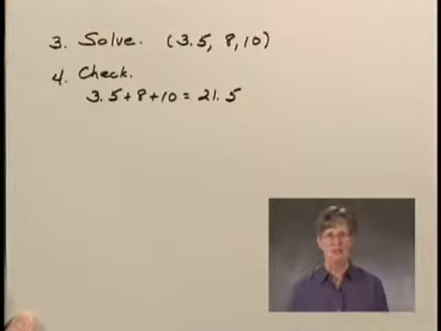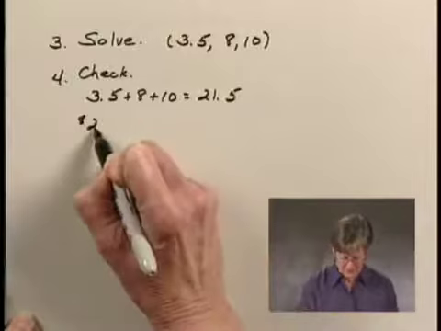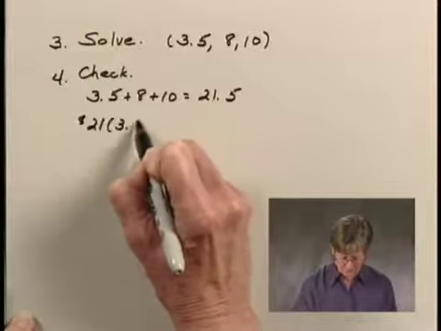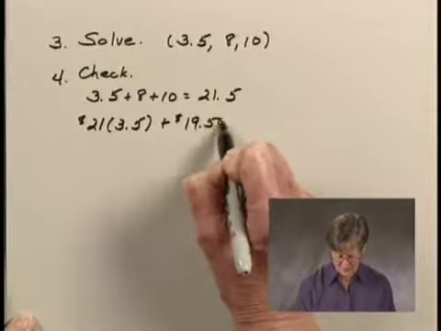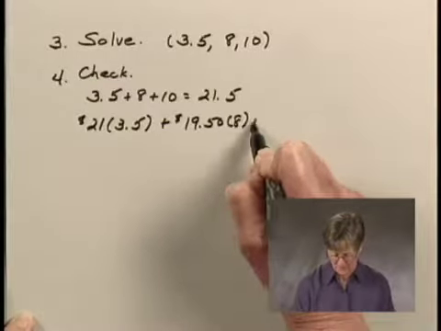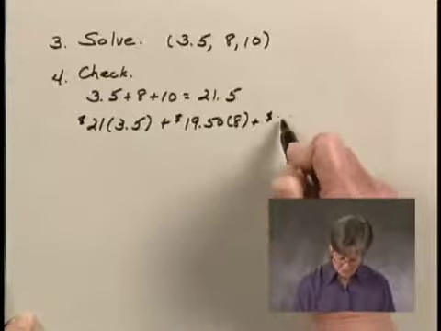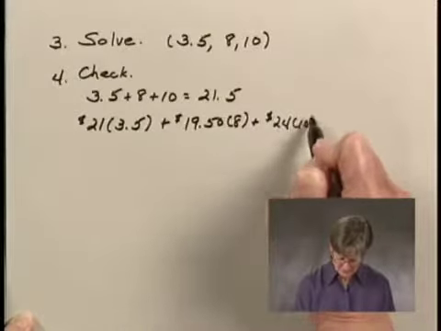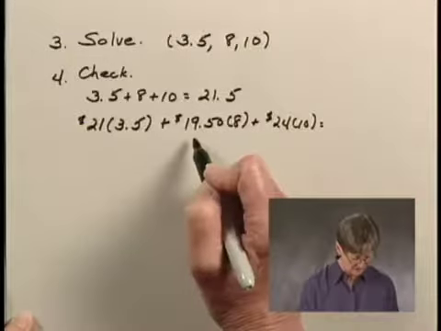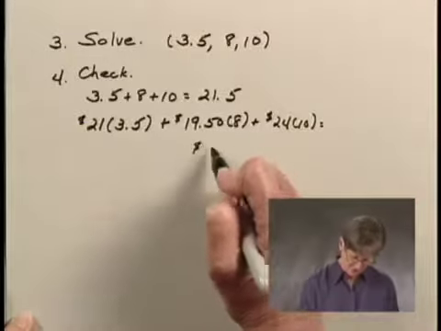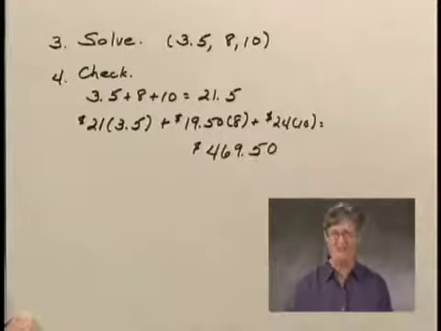We also need to check the total amount that was earned, and that would be $21 times 3.5 hours plus $19.50 per hour times 8 hours plus $24 per hour times 10 hours, and when I do this computation, I get the total amount that was earned, which was $469.50. So that checks as well.